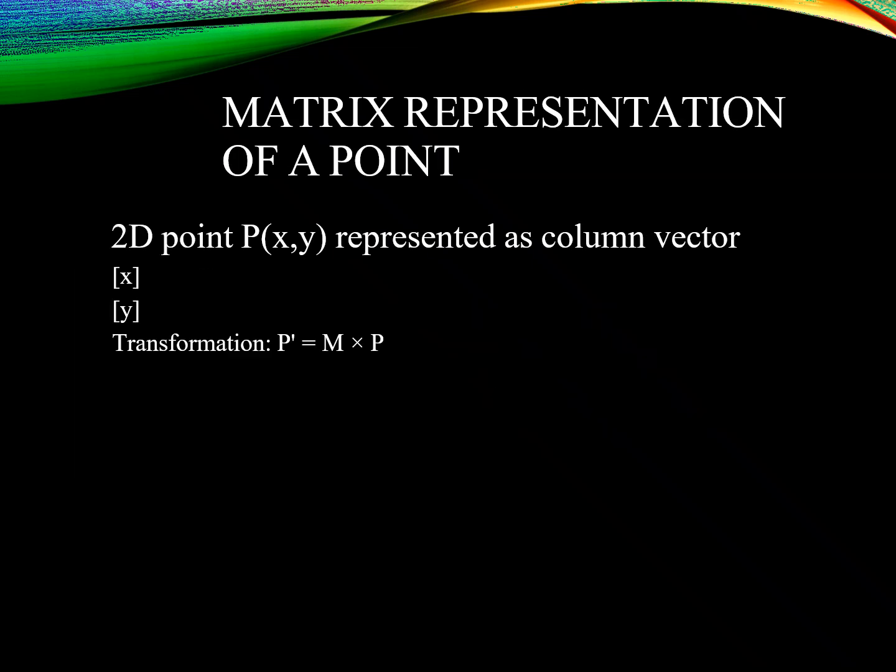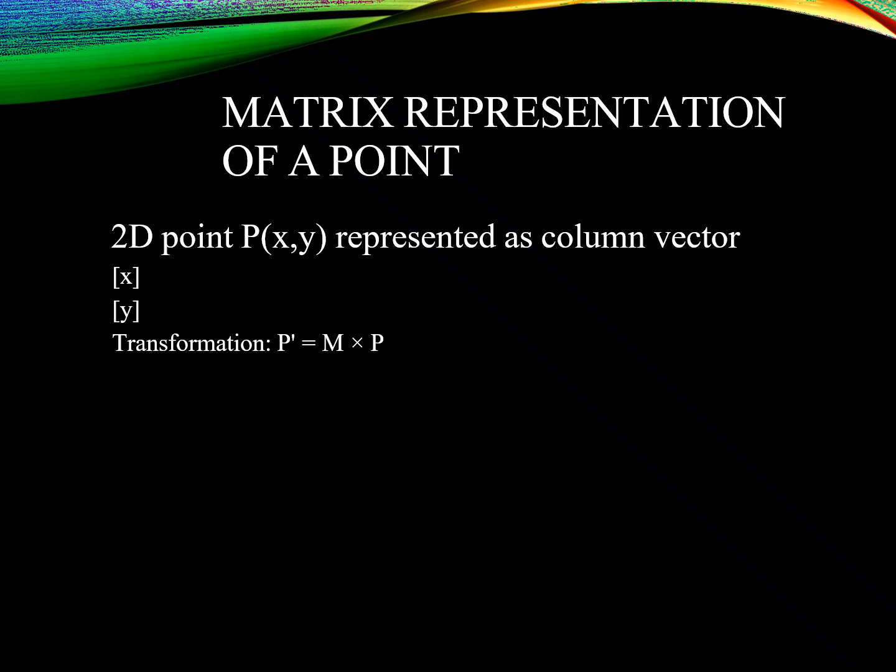Now, let's see how a point is represented. Suppose we have a point P with coordinates x and y. Instead of writing it as an ordered pair, we represent it as a column vector. Whenever we want to transform this point, we multiply it by a transformation matrix.